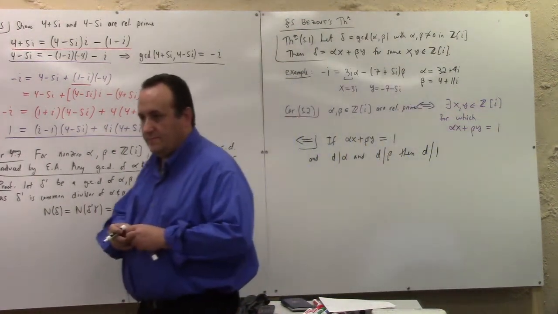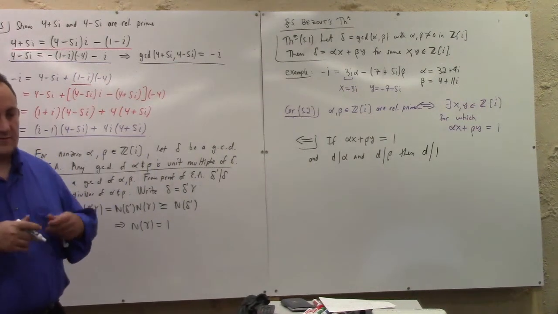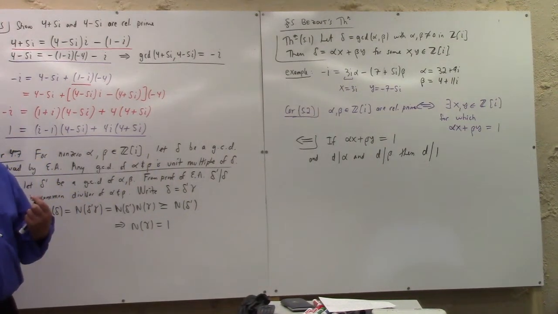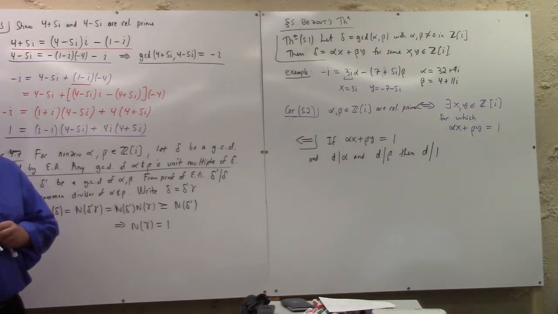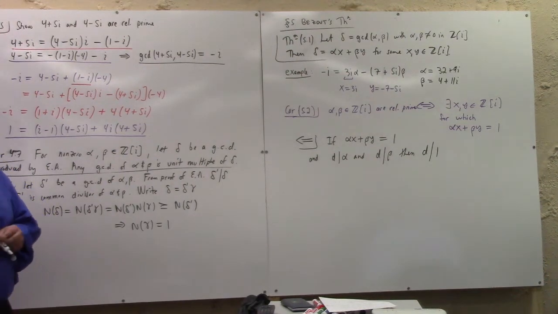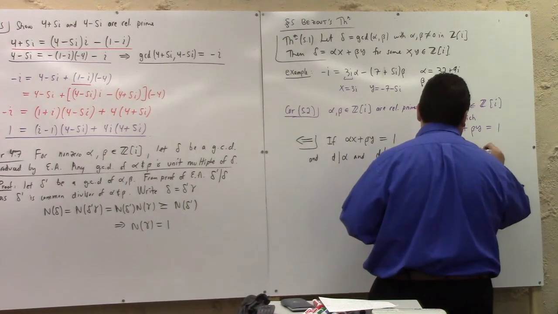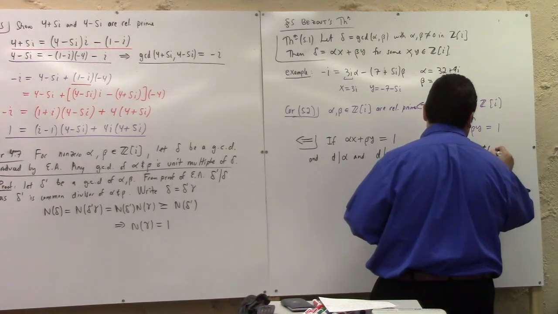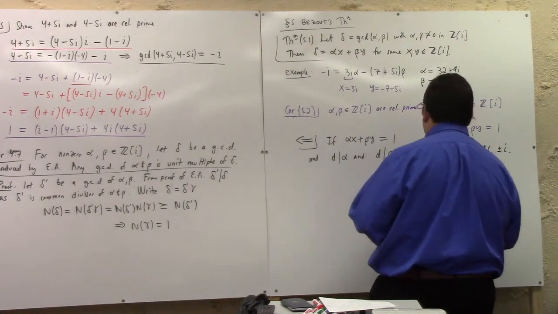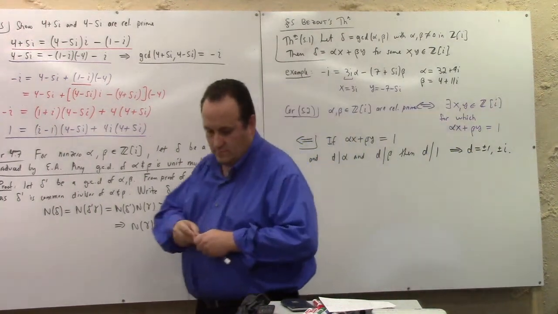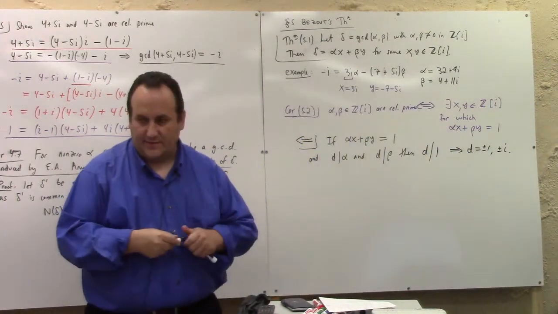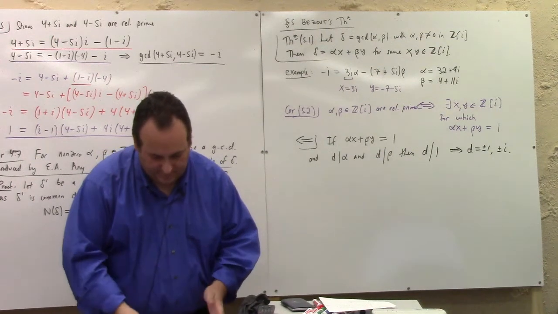All right. But the thing is, we proved, I think, last class, that the divisors of units are themselves units, right? Which again was something we reaped from the norm formula.